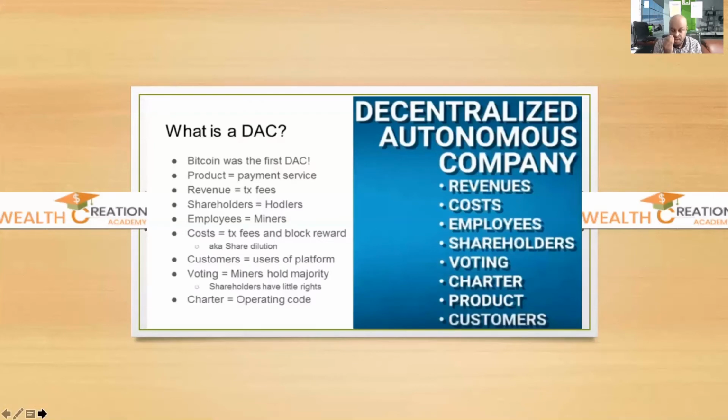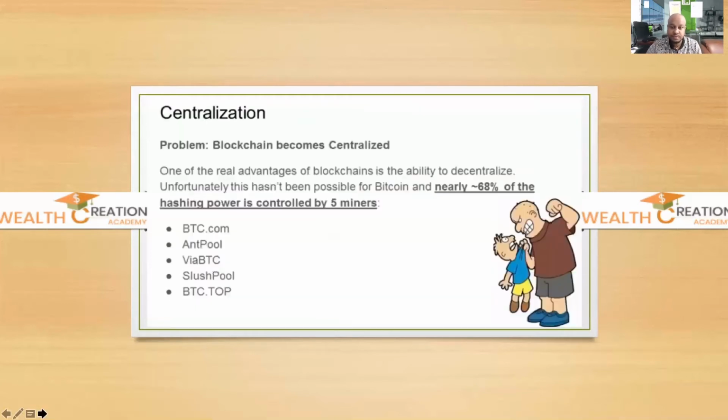When you're looking for a company to invest in, depending on whether you're a libertarian, whether you want to participate in things that are decentralized rather than controlled, this is the kind of thing you can look for. Okay, so just make sure you remember that.